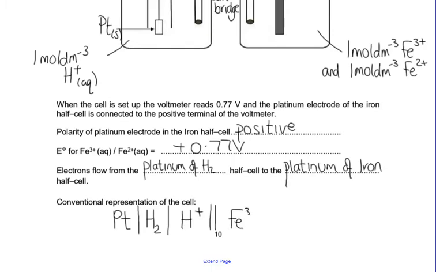Well, iron 3, and then iron 2. And we don't need a vertical line there, do we? Because iron 3 and iron 2 are both aqueous, so we just put a comma. But then you can't connect an electrode to that, so we put a line and platinum, and that is the end of our conventional representation.